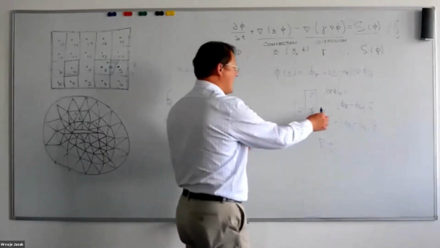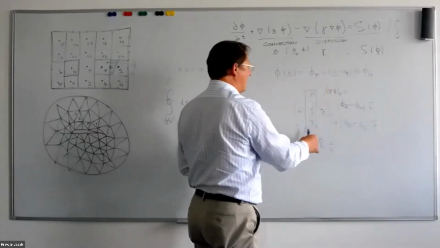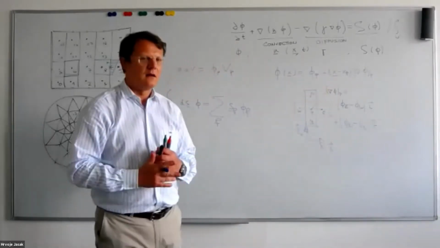In other words, right minus left, top minus bottom gives me a gradient simply by virtue of finite differences.